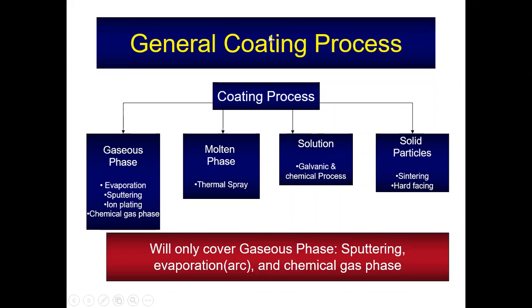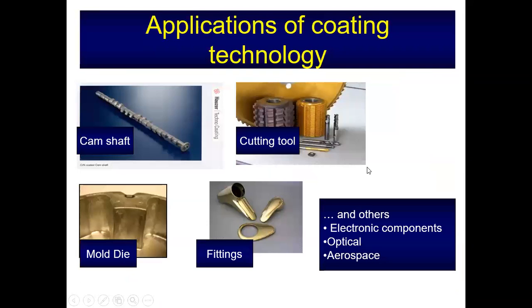Other than titanium aluminum nitride, what is the coating material that's commonly used in industry? As mentioned just now, if you look at the examples that I showed, this camshaft, maybe this is titanium aluminum nitride or diamond coating, because it's grayish in color.